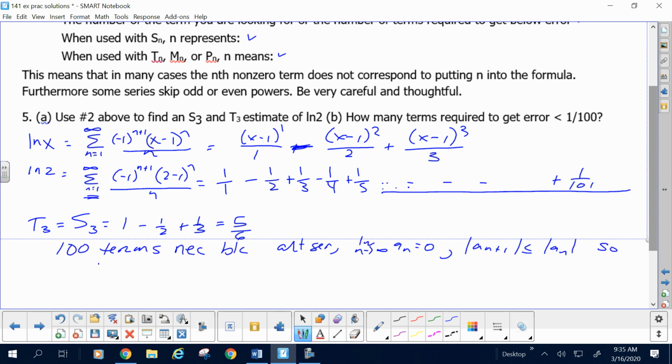So it must be the case that the difference between the true infinite sum and 100 terms is less than or equal to the 101st term, which is 1 over 101 in absolute value, and that is less than 100th. So the answer is you need 100 terms. All right?